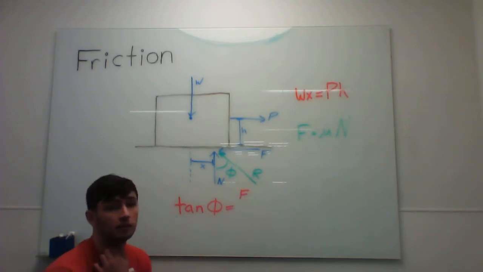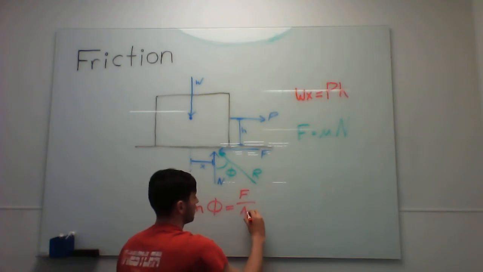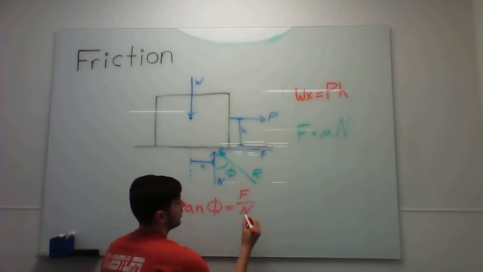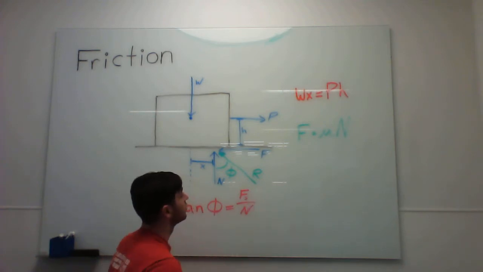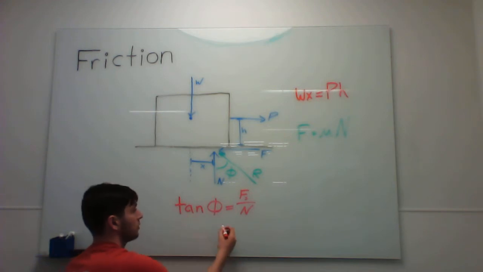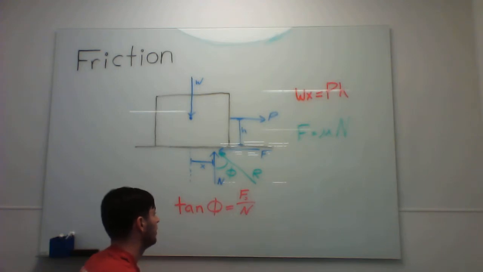So just like that, it'll be static friction. So we were able to move this to the other side, so the angle is equal to the inverse tangent of the static frictional force over the normal force.